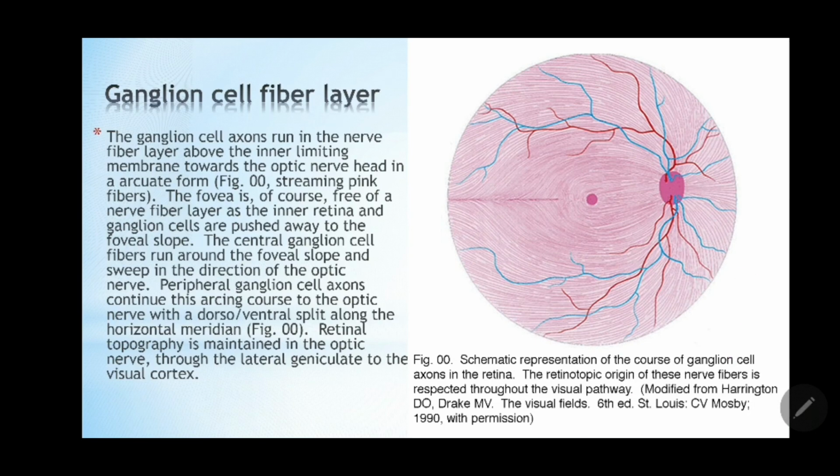So this diagram they have actually shown you is an ophthalmoscopic view, where in the center you find a point called the fovea centralis. And nasal to that, because you're seeing the right eye, is the blind spot.